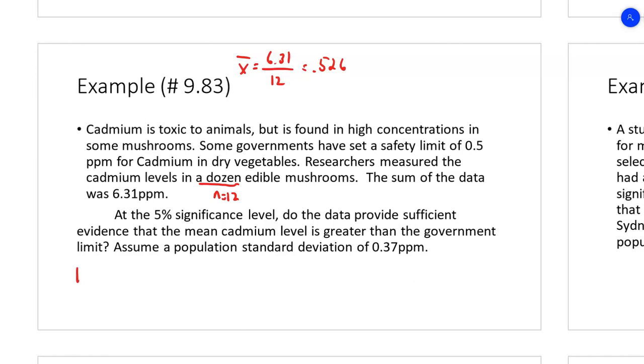All right, so my null hypothesis is that the mean is actually equal to 0.5. The alternative hypothesis, it says, does it provide evidence that the mean level is greater than? So the mean is greater than 0.5 is my alternative hypothesis, which means that this test is right-tailed.